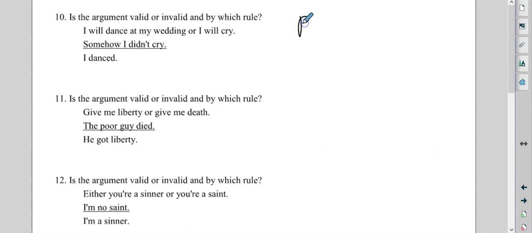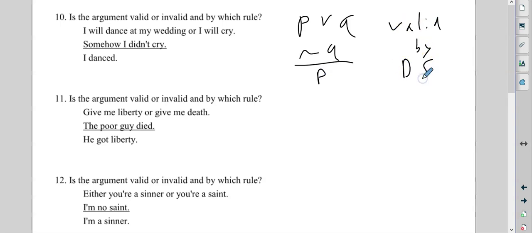I will dance at my wedding, or I will cry. Well, I didn't cry, so I danced. This is the same thing. It's just the other side. It's valid by disjunctive syllogism. Why? Because I said one or the other. Just because if the other one's no, this one's yes. That's a valid argument.